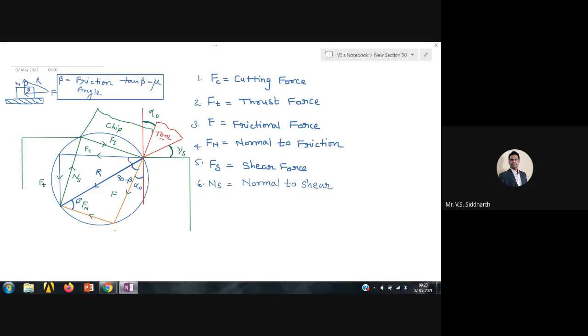This angle. Beta. How can it be beta? This whole angle I said, you have to take into account alpha naught also. From this red line to this blue line, this whole angle, from here to here. Let us see how we calculate that angle. Before that, I will give all the vertices names. Let us start with A, B, C, D.